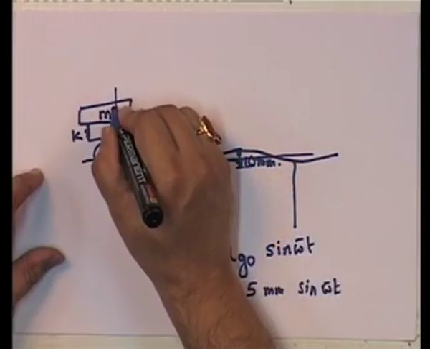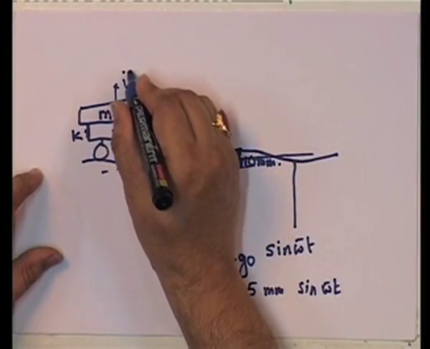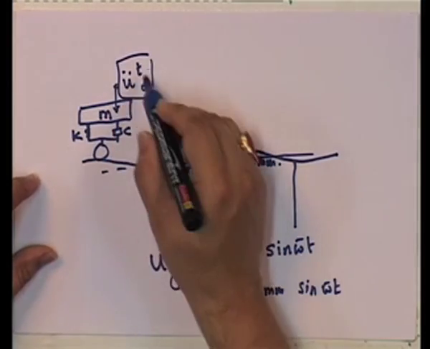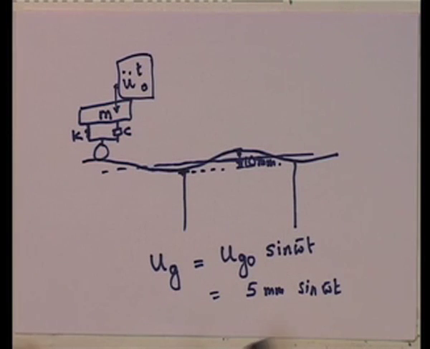Okay? And what I want to know is, I am an occupant in the car. What do I want to see? I do not want to be accelerated. So, in other words, I do not want to feel too much of this, I want to reduce this to the bare minimum that I can. Okay? So, this is a practical problem that we have.